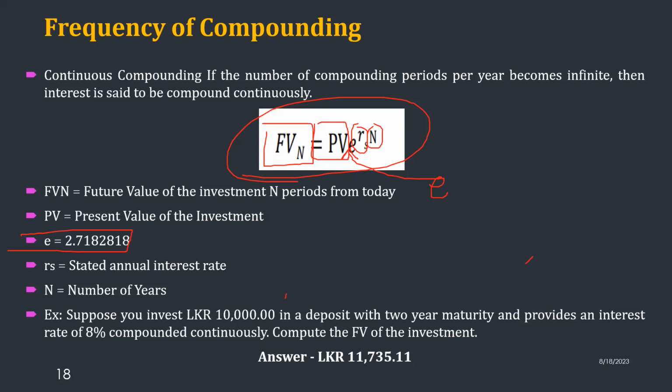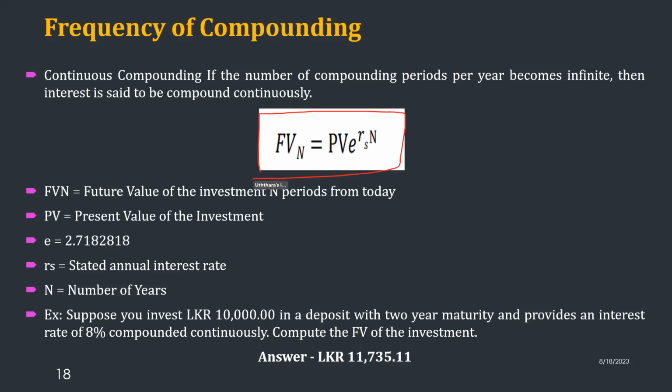However, what you need to do is understand the time periods. So when you're reading the question, if the frequency of compounding is continuous, the formula that you need to use is this, right?